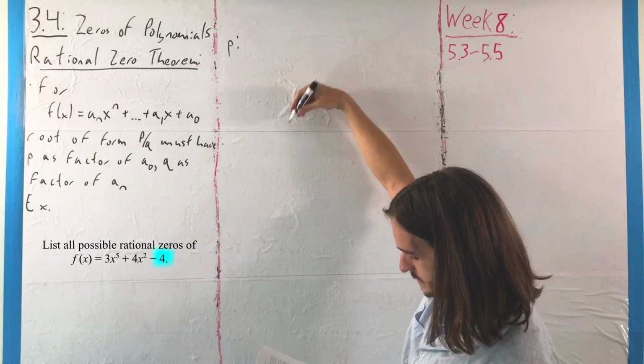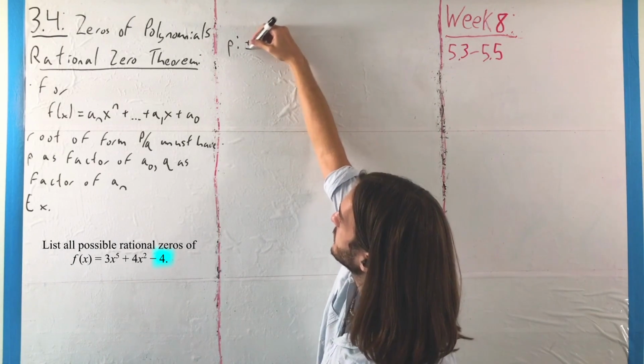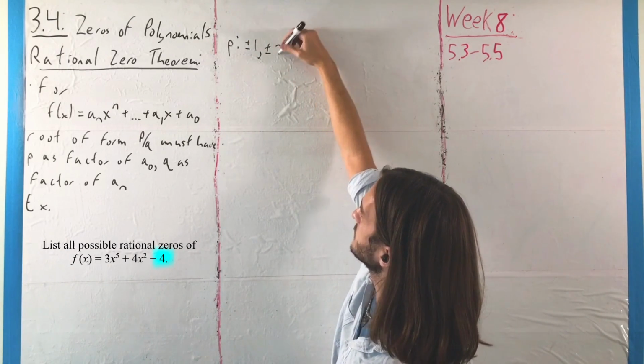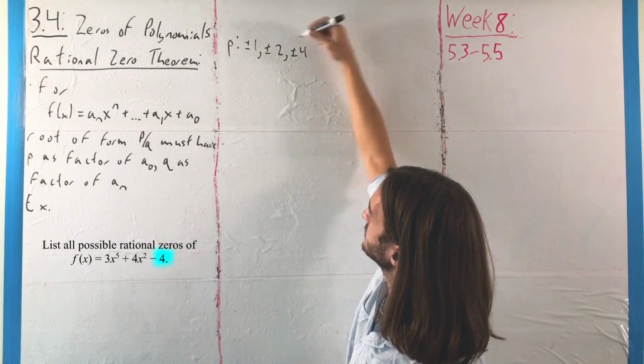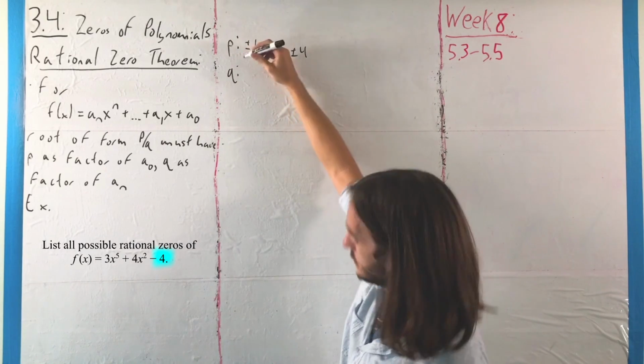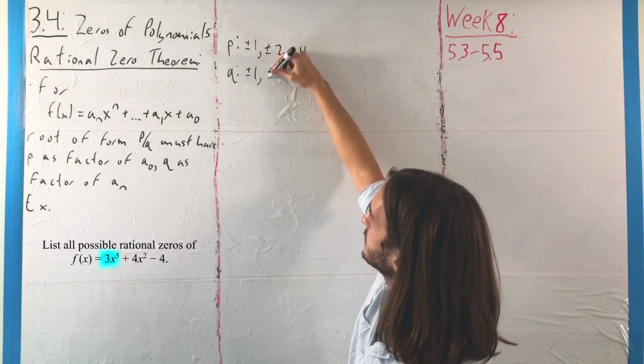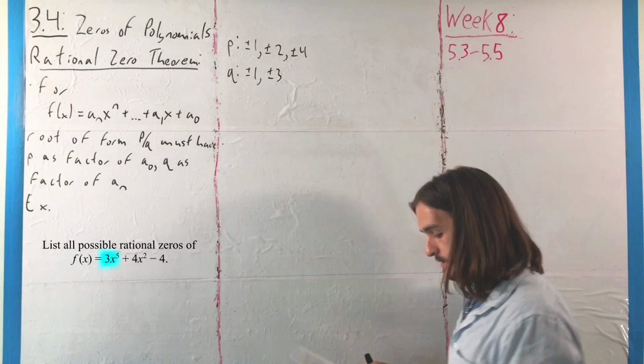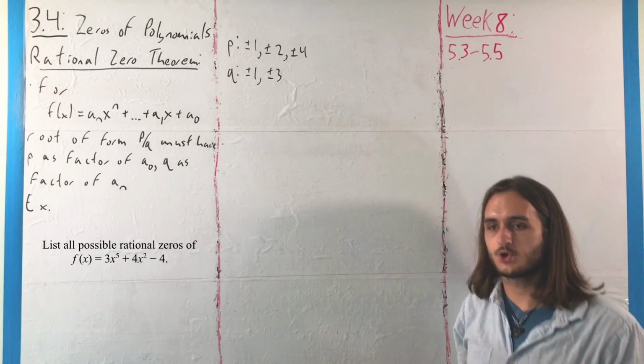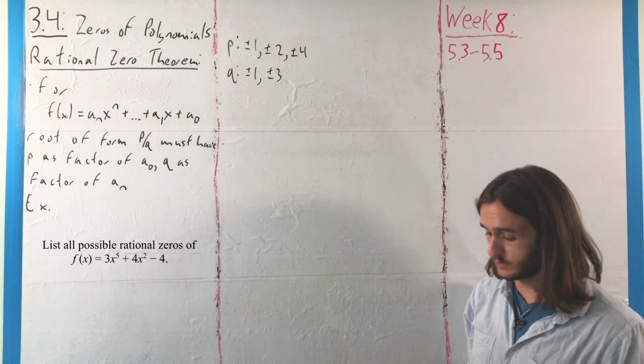So that means p has to work in terms of plus or minus 1, plus or minus 2, or plus or minus 4, while q works similarly in terms of 3, so plus or minus 1, plus or minus 3.